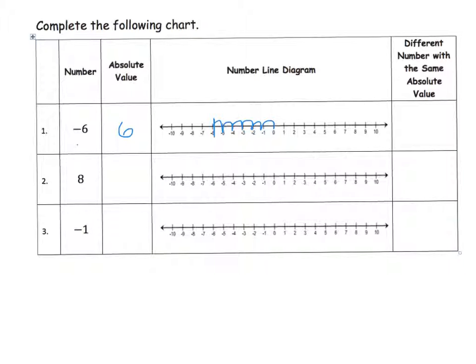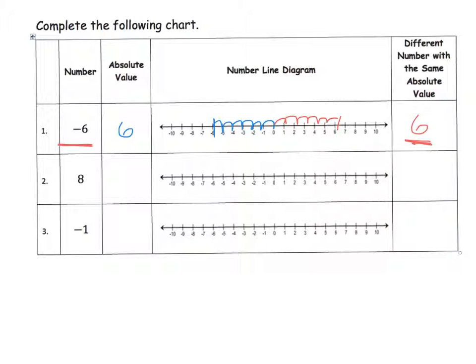So the absolute value of -6 is 6. And a different number with the same absolute value is, if I go the other direction, 1, 2, 3, 4, 5, 6, which is going to be 6. So start thinking, how do these 2 numbers relate to one another?